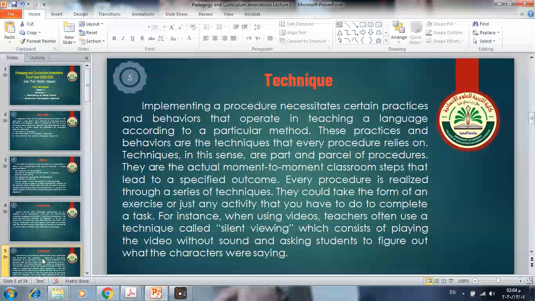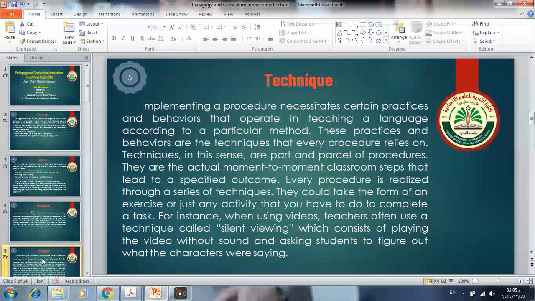So when we want to put the procedure into practice, into application, we need certain practices. These practices are the techniques that we should follow. These practices and behaviors are the techniques that every procedure relies on. So the procedure relies on certain techniques.